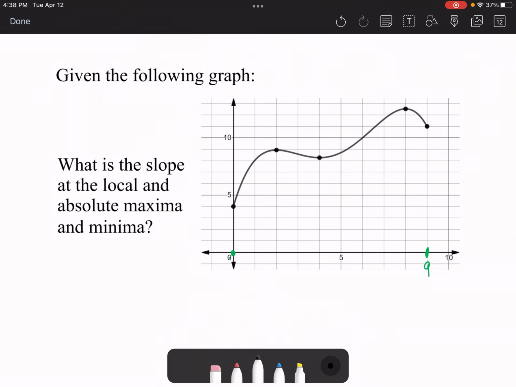Well, first of all, the easiest ones, the highest possible point. So the highest possible point over this entire function on this specified domain is this one. So we call this a global maximum. The smallest point over the entire expression is this one, and therefore is called a global minimum.